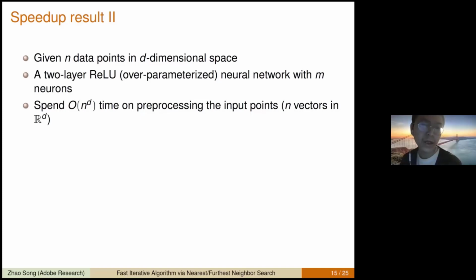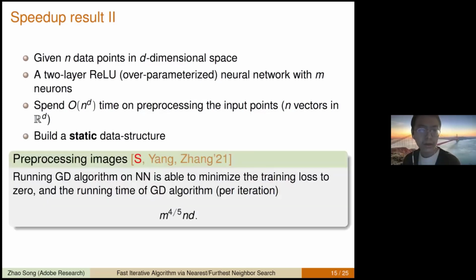So you can definitely preprocess ImageNet better. In this case, we build a static data structure, and eventually we give an algorithm which, instead of a slight improvement, gets a 1 over 5 improvement for any d even.